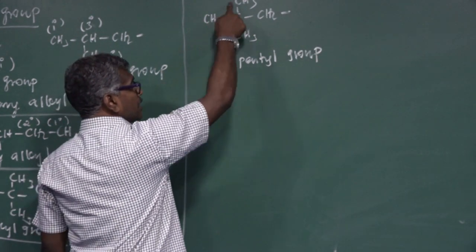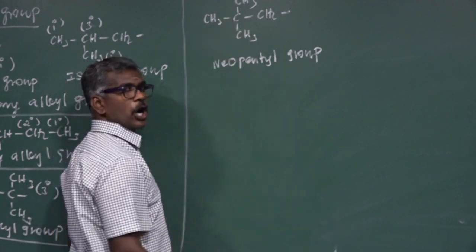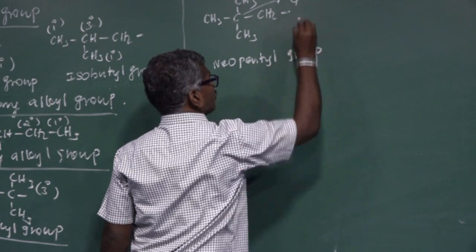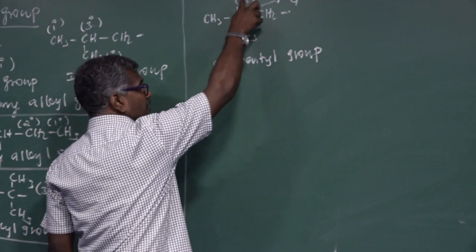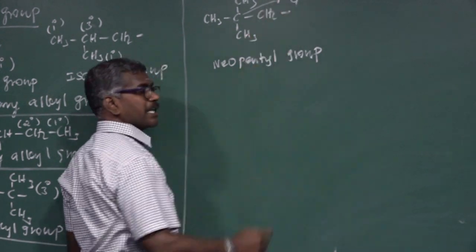These are primary carbons. This one is known as what? Quaternary carbon. Quaternary means this carbon is attached to four other carbon atoms. This name is called quaternary carbon atom.